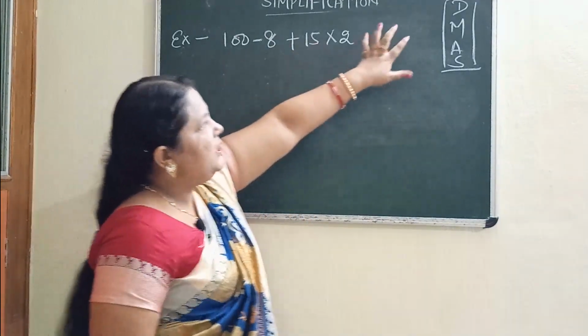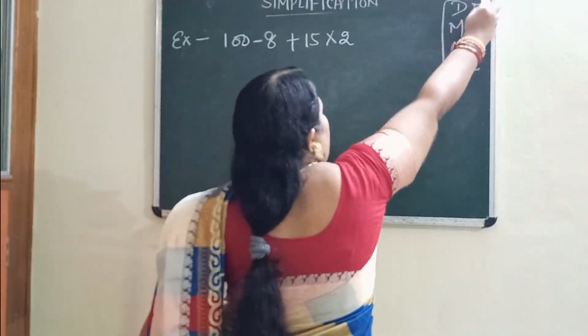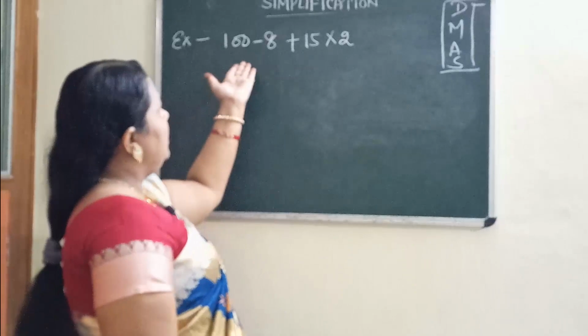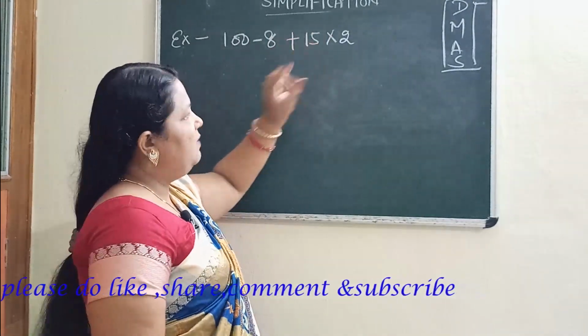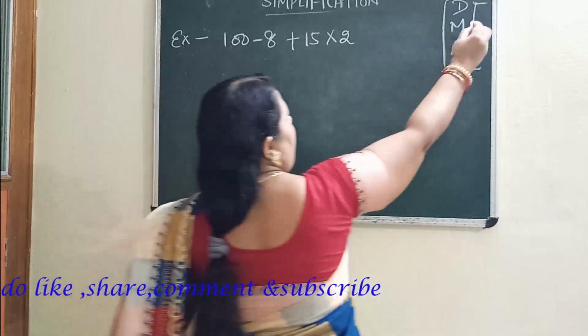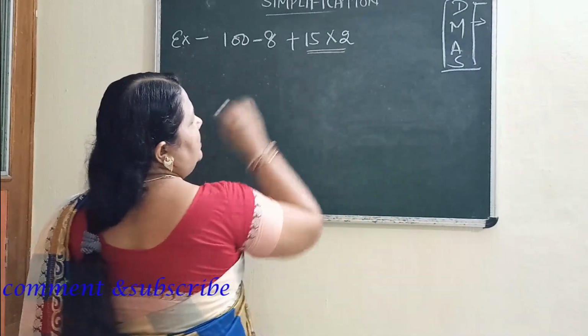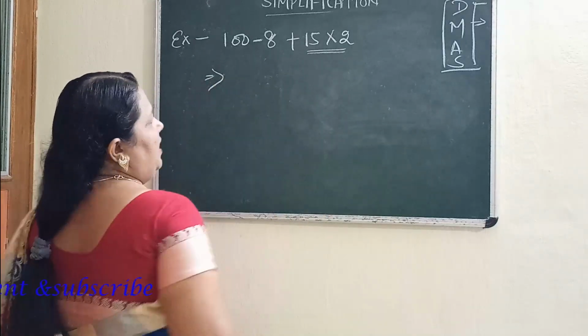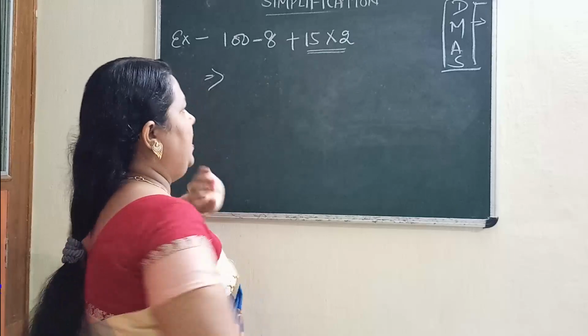So according to this rule, we have to apply first division, but in this problem division operation is not there. Then what will you do? You will come forward to next operation, multiplication. Your multiplication part is here. So in first step you have to solve this multiplication part.